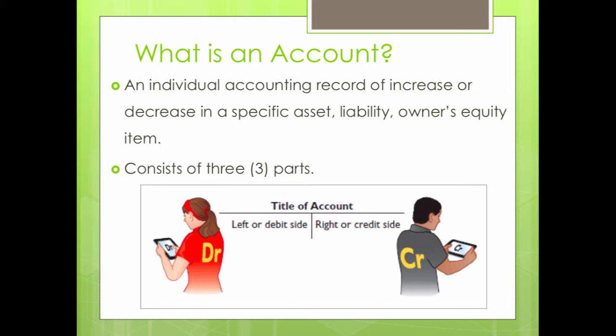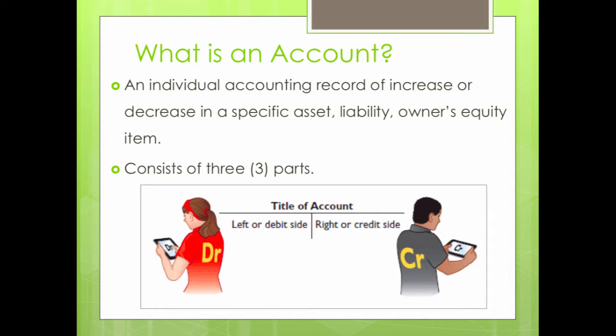In chapter 1, you learned that there are several accounts within the parts of the accounting equation. Remember, for example, assets: you had the cash, you had the supplies, you had the equipment. All those were accounts within the accounting equation. So here we review what is an account. An account is an individual accounting record of increases or decreases in a specific asset, liability, or owner's equity.